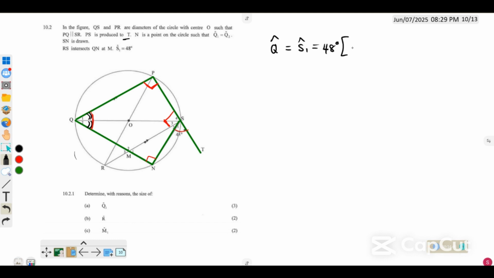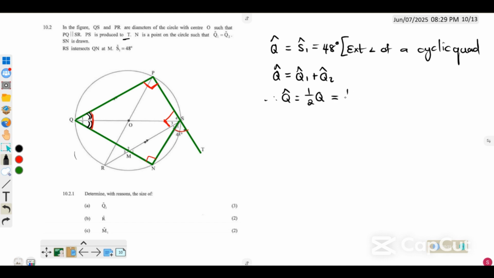Why is that? This is the exterior angle of a cyclic quad. So we do have angle Q, but remember that angle Q is made up of angle Q1 plus angle Q2, but they told us that Q1 is equal to Q2. Therefore, Q1 has to be half of Q.